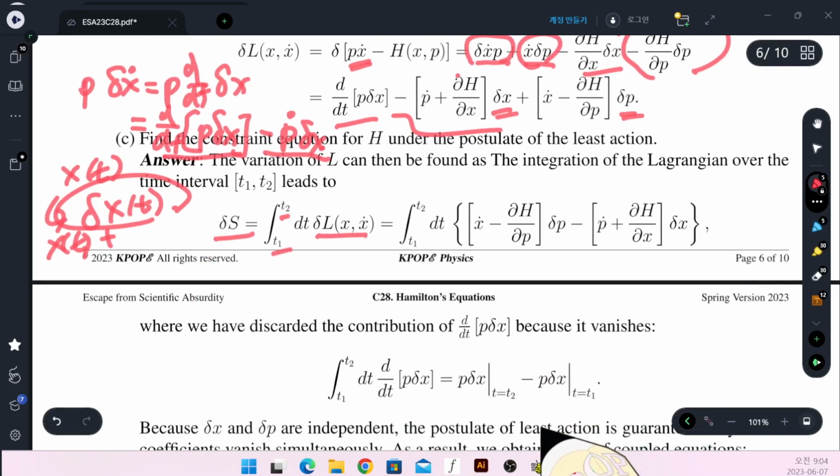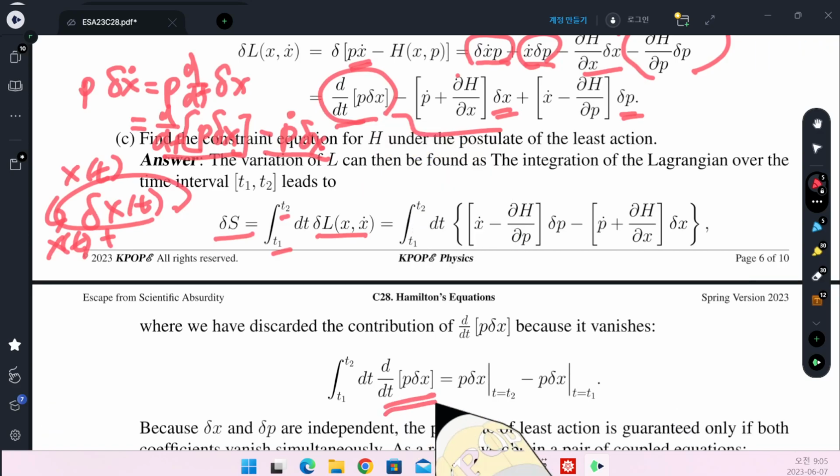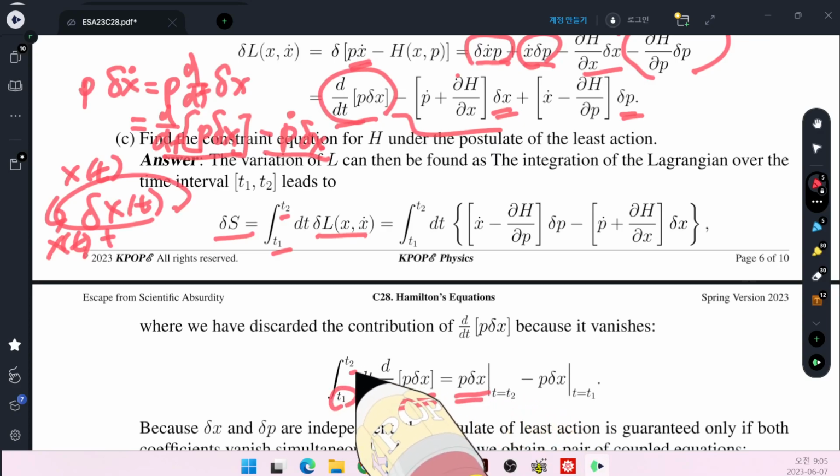We find that this term is a total derivative, and after the integration, what we find is a momentum multiplied by the variation of the path evaluated at the two endpoints.